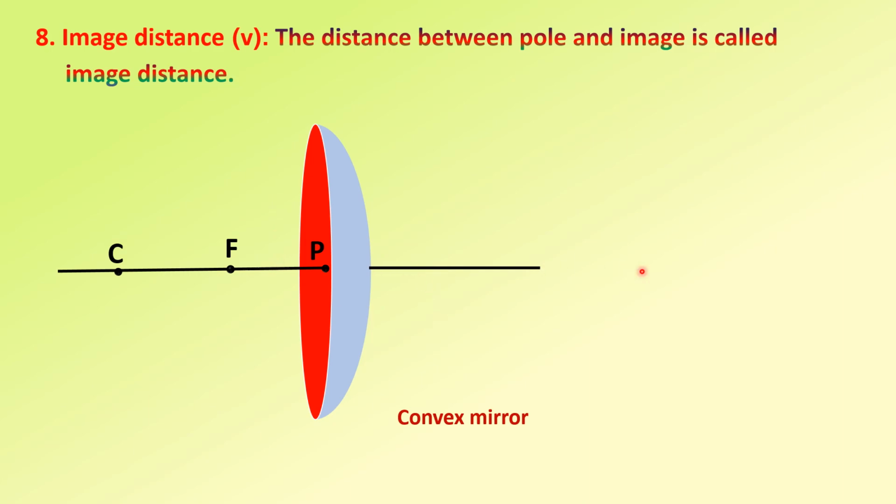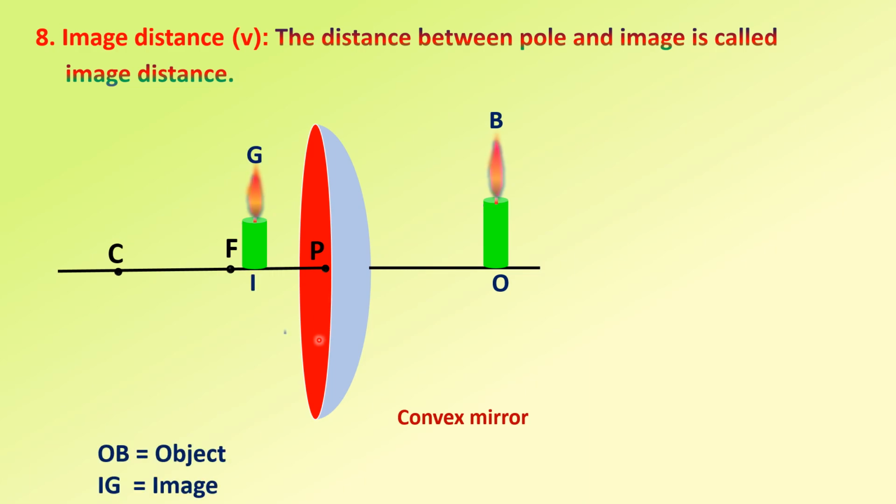Wherever you place the object, its image will always be formed by the convex mirror on the other side. OB is the object, and the image is formed behind the mirror. Not only that, it always forms the image between F and P, between focal point and the pole only. So IG is the image. So from P to I is called the image distance.